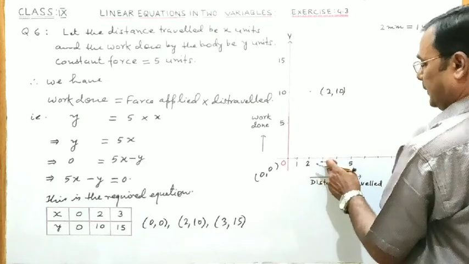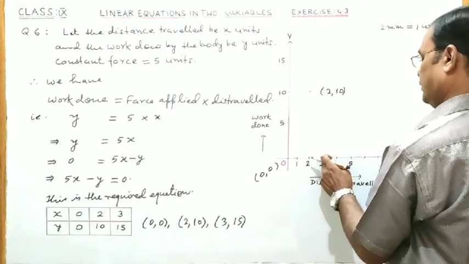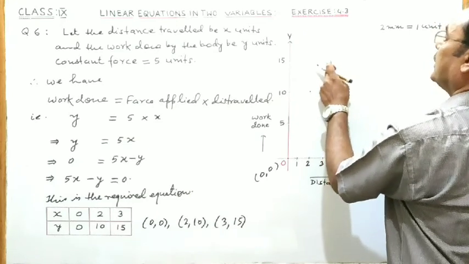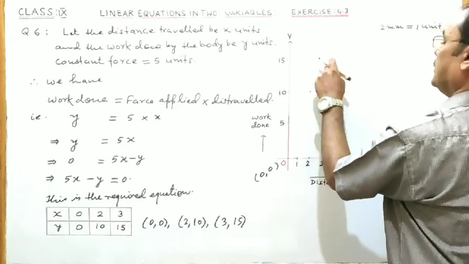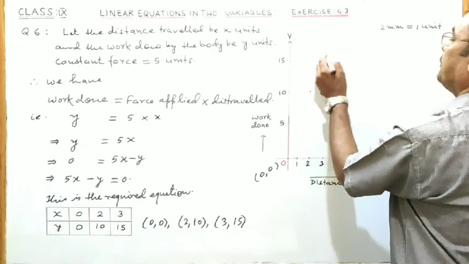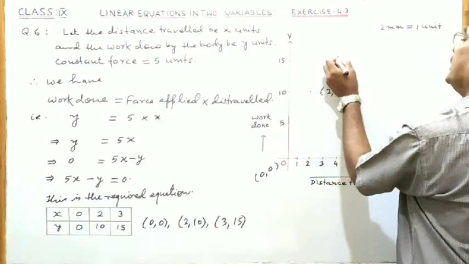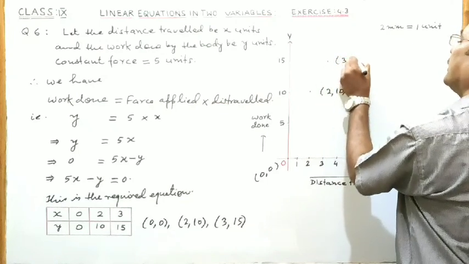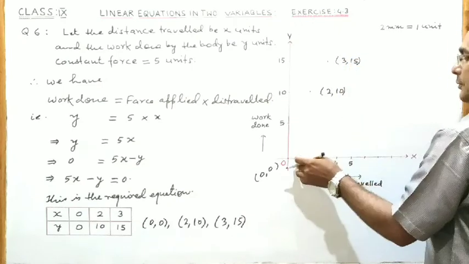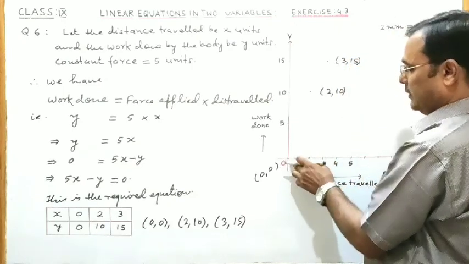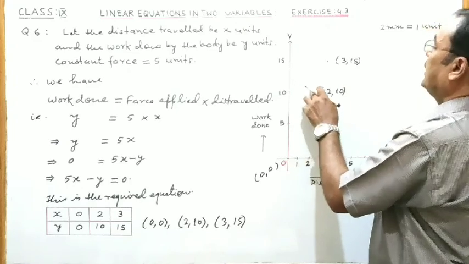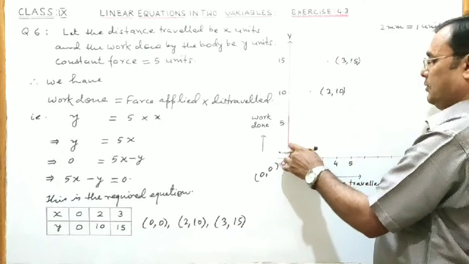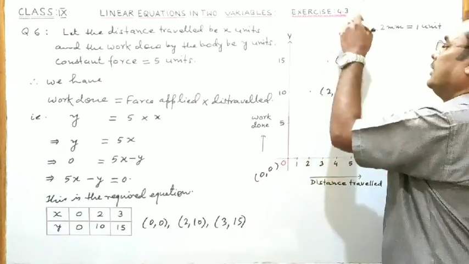So point 3 is here and 15 you read on the graph paper, which point will be 3, 15. So this point, and write coordinates of this point 3, 15. And this way we have plotted 3 points 0, 0, 2, 10 and 3, 15. Now with the help of ruler we shall draw a line joining 3 points.